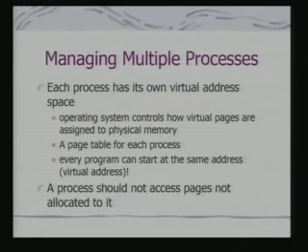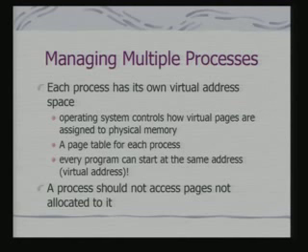So, when there are multiple processes, what happens with this page table? I have already told you that each process has its own virtual address space. An operating system controls how virtual pages are assigned to physical memory. So, the simplest way to implement this is that each process will have its own page table.